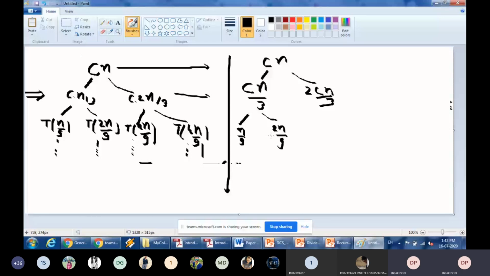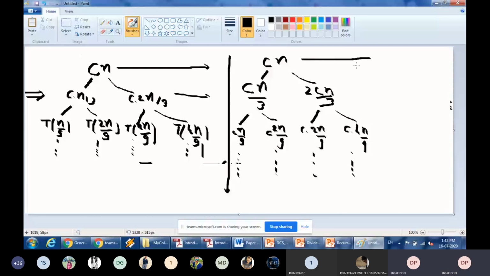Here we have C into 2n by 9, C into 4n by 9, and so on. We are not writing all the steps. In this step, we have to find the total cost. We need to add the cost at each level.